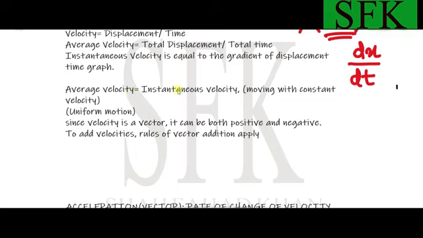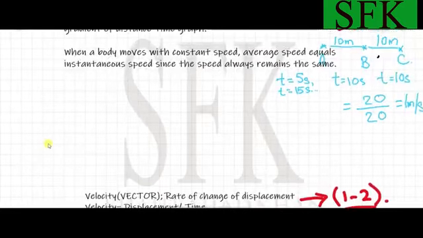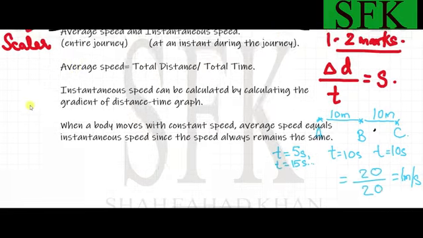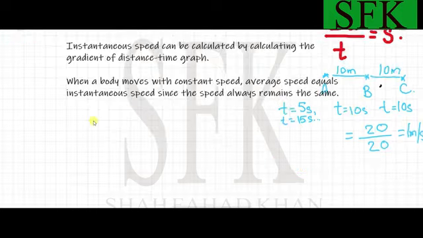When average velocity and instantaneous velocity become equal, we say that the object is moving with constant velocity. Just like in the earlier case, when the instantaneous speed and average speed become equal, the body is said to be moving with constant speed.